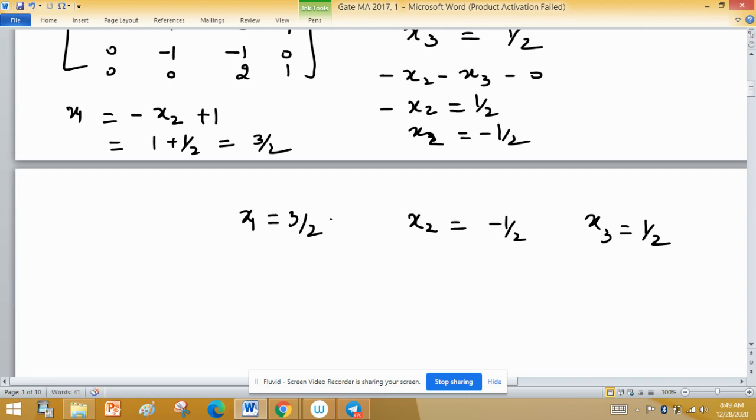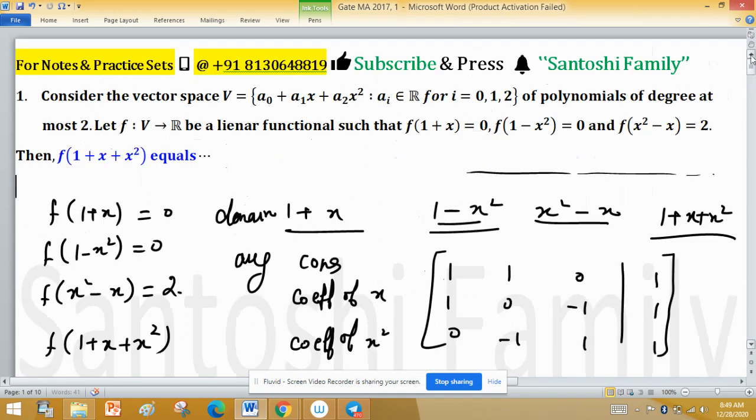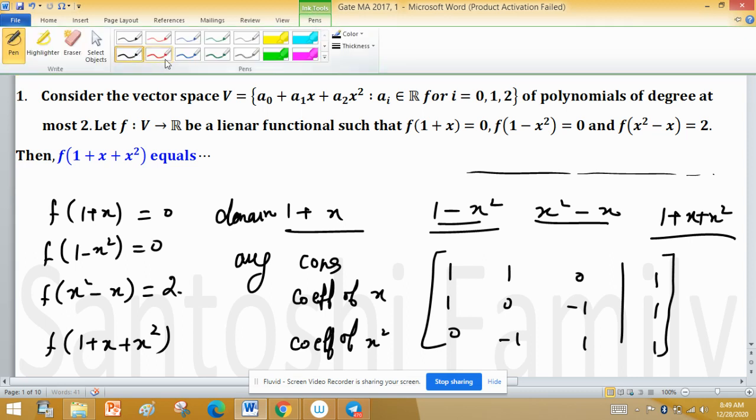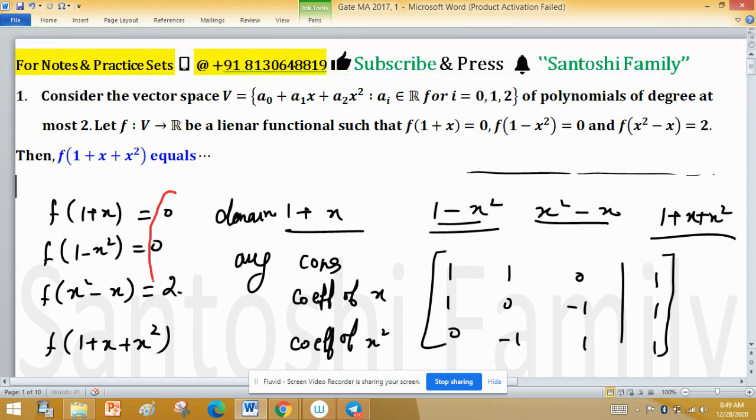Now check these values carefully, but the procedure is the same. Multiply these values by the images. The images of the given domain points under f are 0, 0, 2.